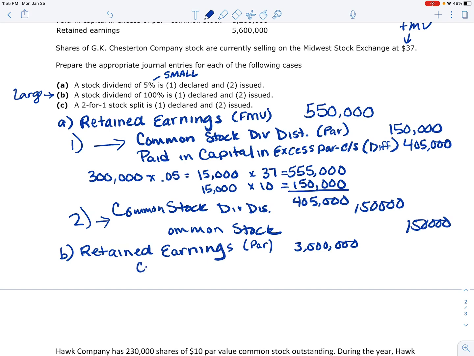Then we're going to credit that common stock dividend distributable for the same amount. Again, I just took that 300,000 shares. Since it's a 100% dividend, we're doubling all of that, and we're going to issue that at par value, which was $10.